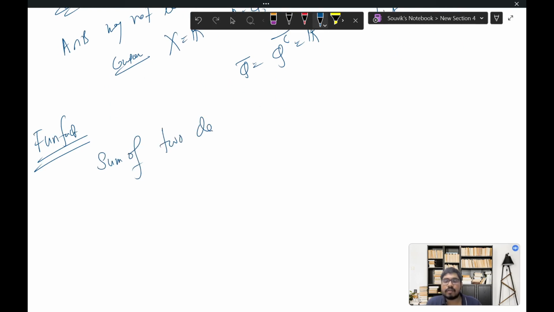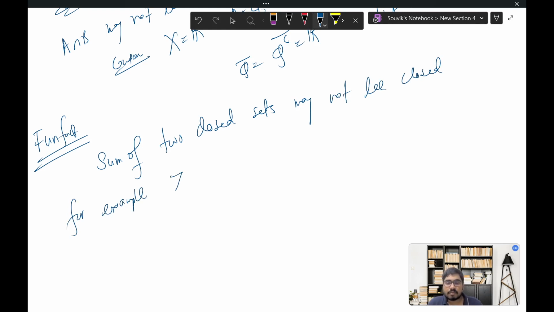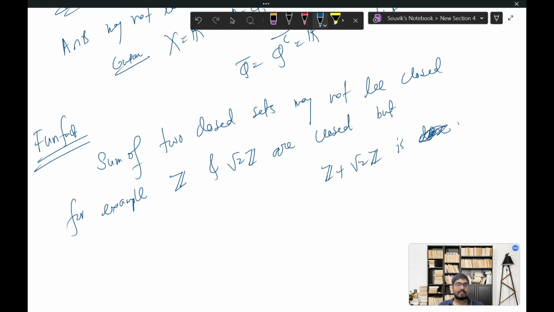The sum of two closed sets may not be closed. For example, Z and root 2 Z: Z plus root 2 Z is dense. This fact can't be proved right now.